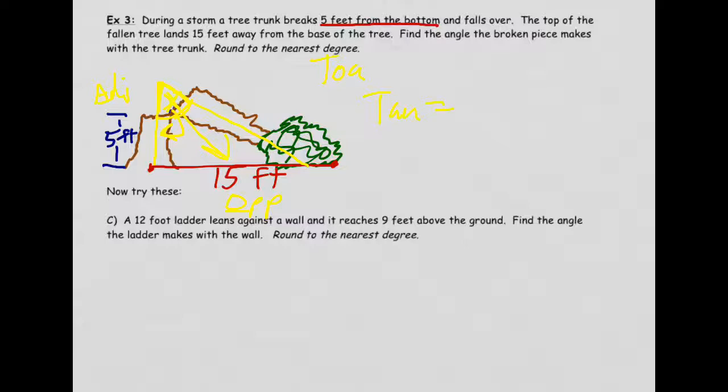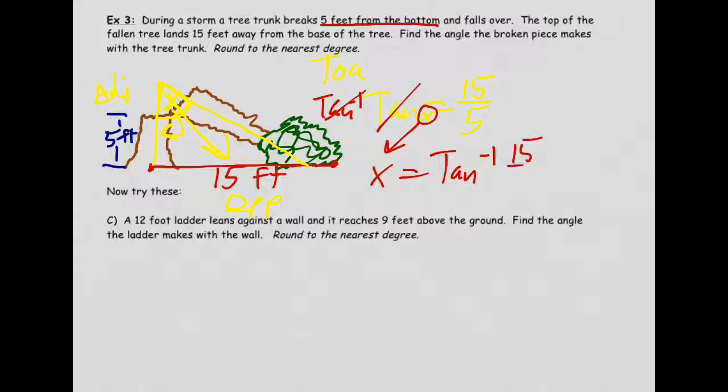Tangent of x equals opposite, that's 15 feet over adjacent, that's 5 feet. So take the inverse tangent of both sides. And that cancels out, and I'm just left with this x right here. X equals, and what I do for one side of the equation, I have to do to the other side of the equation. So inverse tangent of 15 over 5.